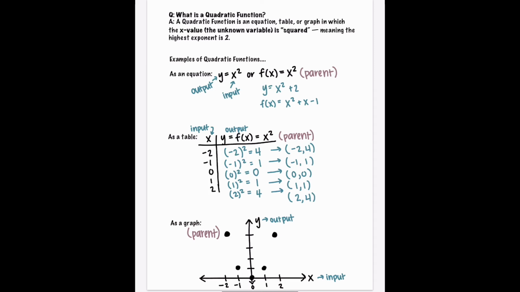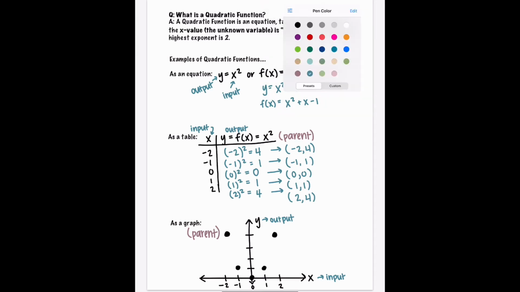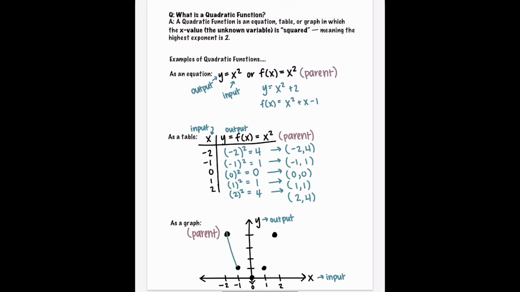So I simply plotted those points in the graph. Now we can connect the dots, and it makes this kind of a U shape. The shape of this graph is called a parabola.